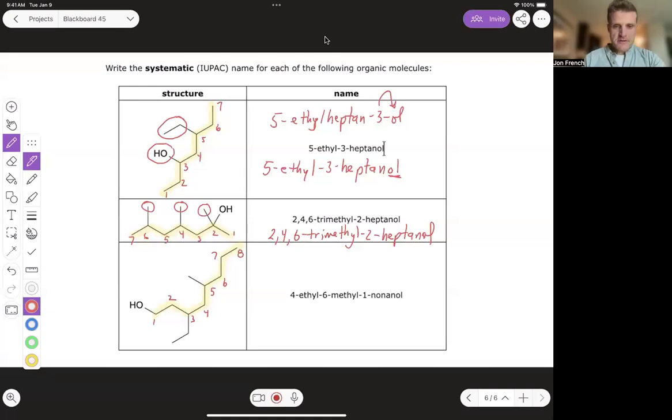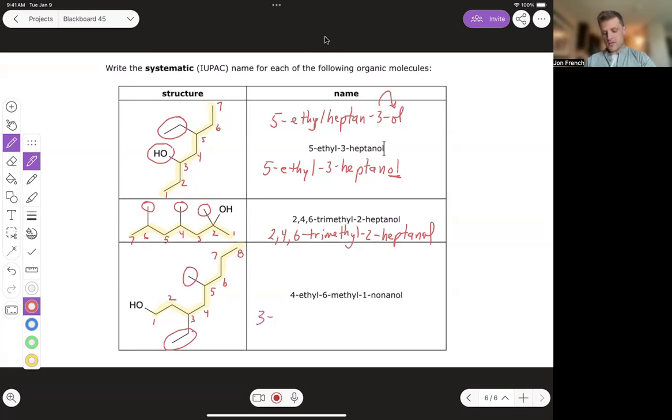And here I happen to find a discrepancy with the name given. Let me just make sure I didn't make a mistake. All right. 1, 2, 3, 4, 5, 6, 7, and 8. So yeah, I counted it correctly. Putting that together, on the third carbon I have an ethyl group, and on the fifth carbon I have a methyl group.